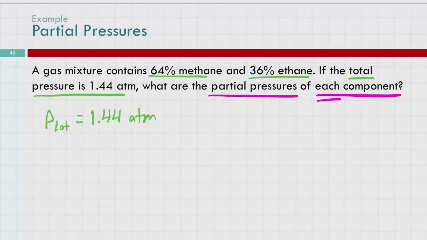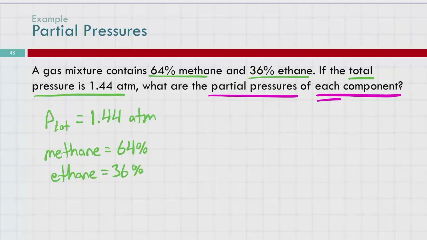What other things are we given? We're given some percentages. Methane is 64%. Ethane is 36%. We can turn those into fractional composition, fractional composition of Me and Et.